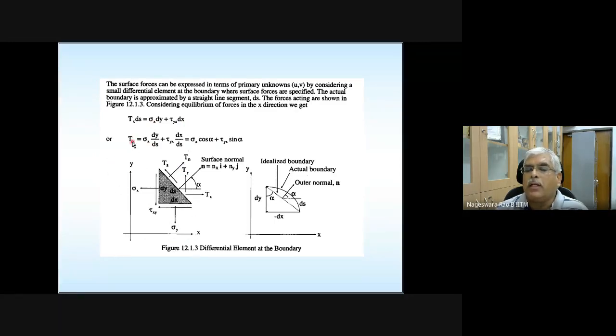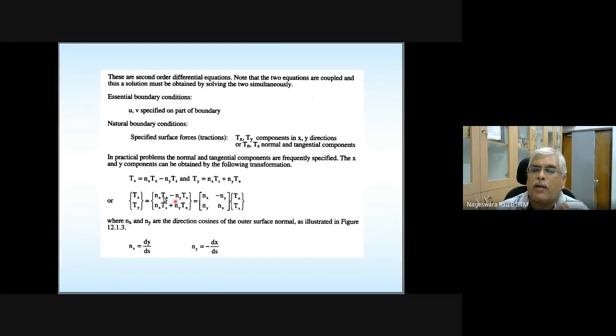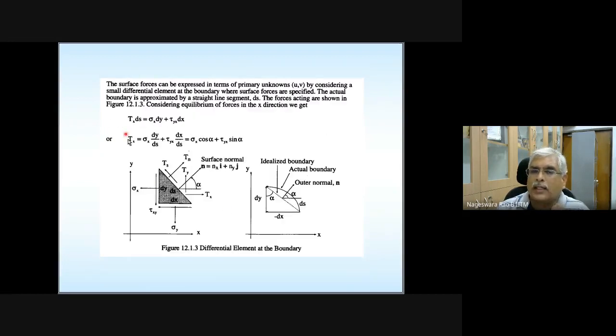Okay. So if you divide this entire thing by ds, then you can develop this relation: how this traction Tx is related to internal stress components, that is given here. So now we noted two things: how traction components with respect to different coordinate systems are related, and how the traction components are related to the internal stress components.